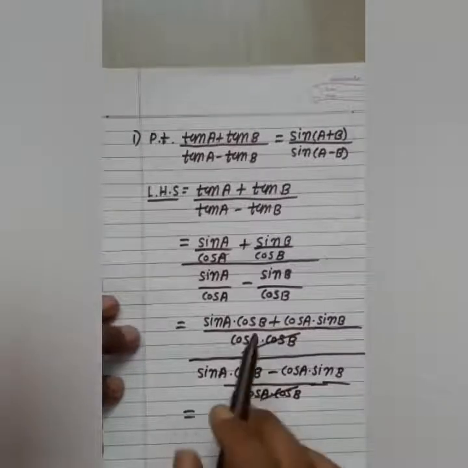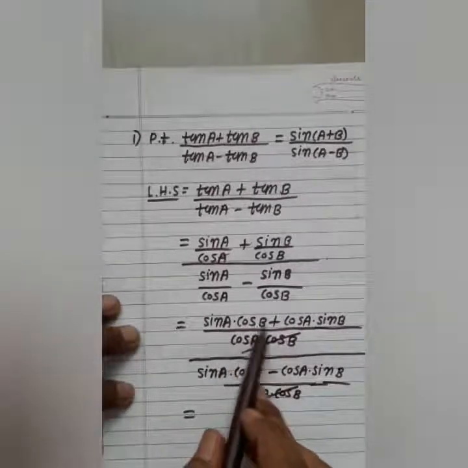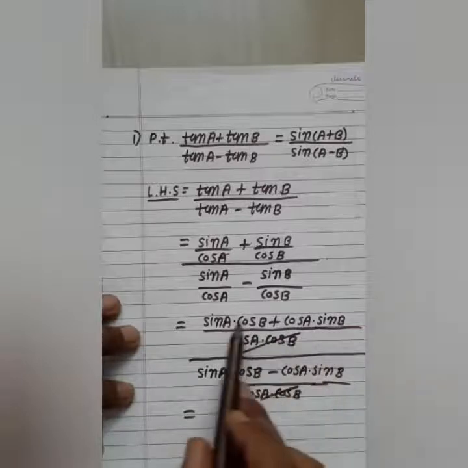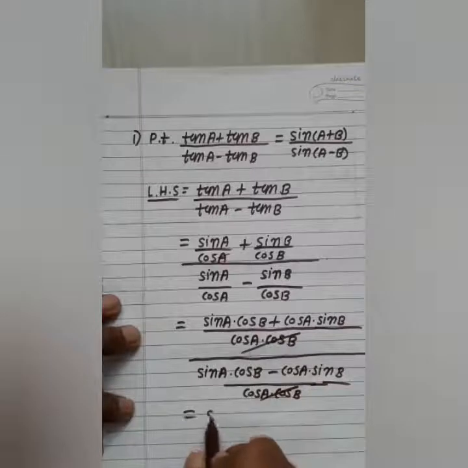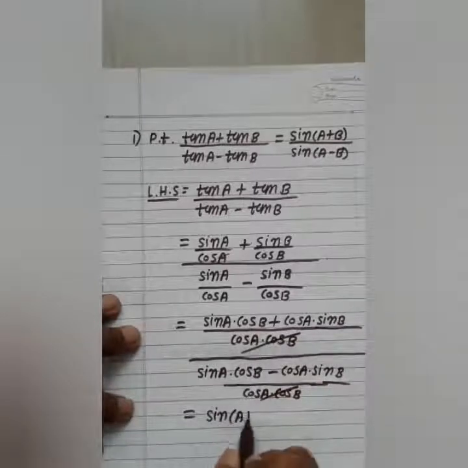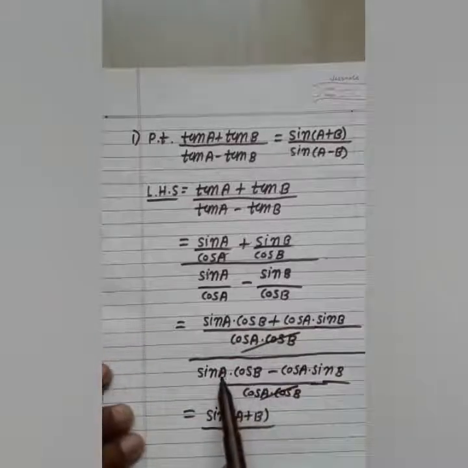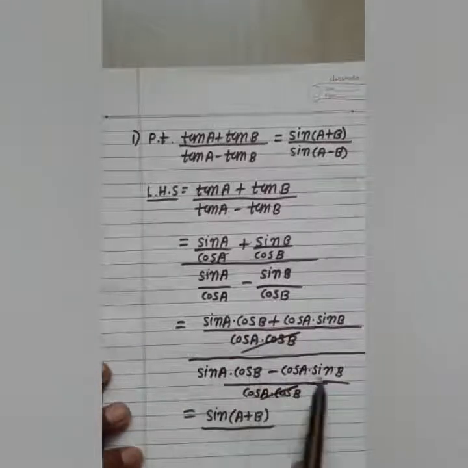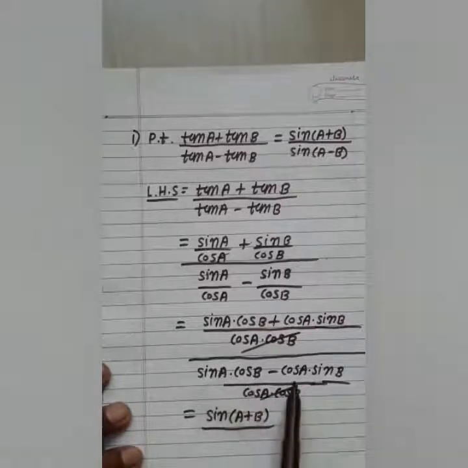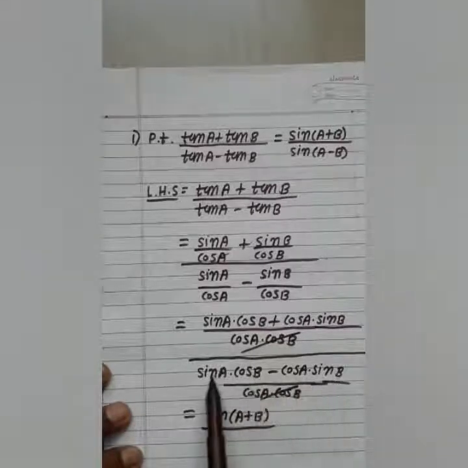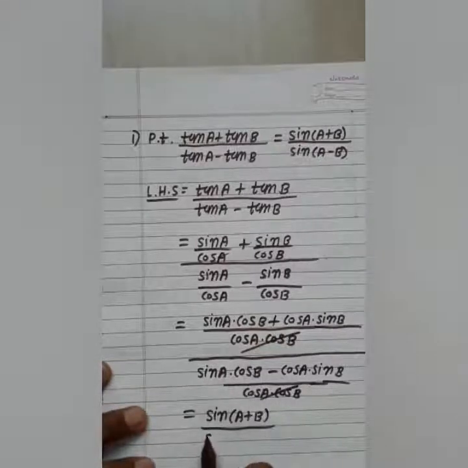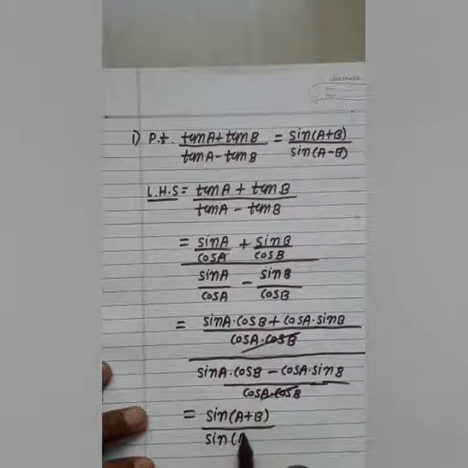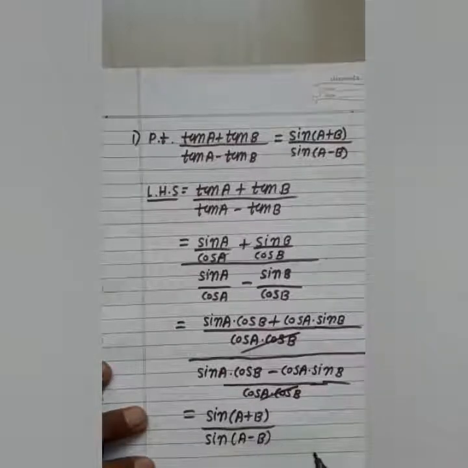So now the remaining term is sin A into cos B plus cos A into sin B, and we know that this is the formula of sin(A+B). In the same way, in the denominator the remaining term is sin A into cos B minus cos A into sin B, and this one is also the formula of sin(A-B). So we write sin(A-B).